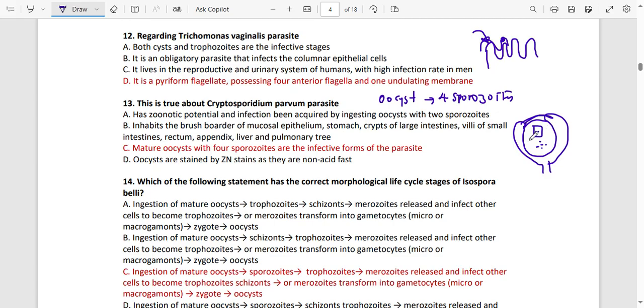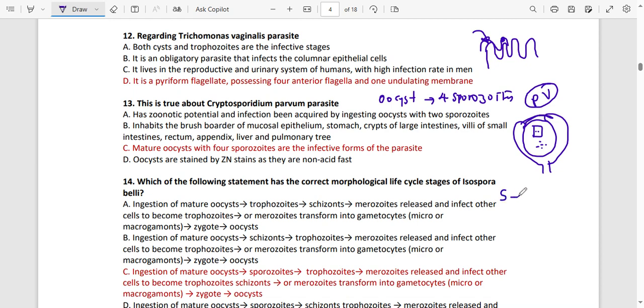But this capsule is not inside the plasma membrane of the cells, it's just within these brush border cells. And what is going to happen after then is that this structure that has been formed is known as a parasitophorous vacuole. So abbreviate it as PV. Within this parasitophorous vacuole, the sporozoites are going to start transforming.